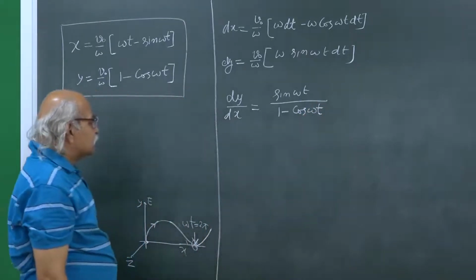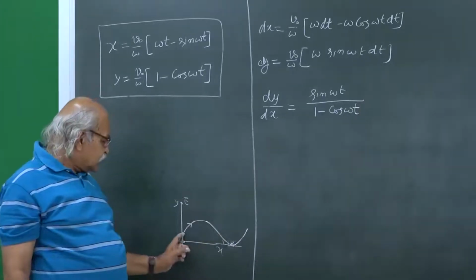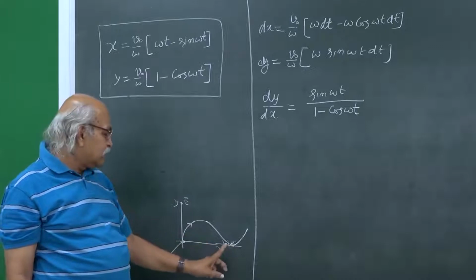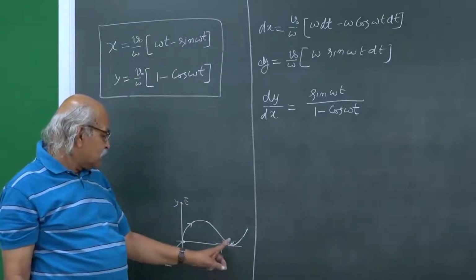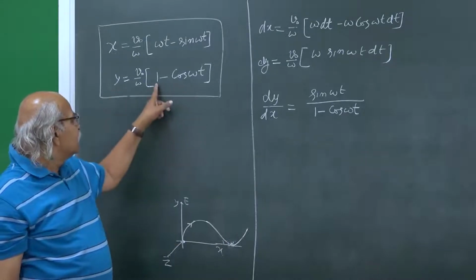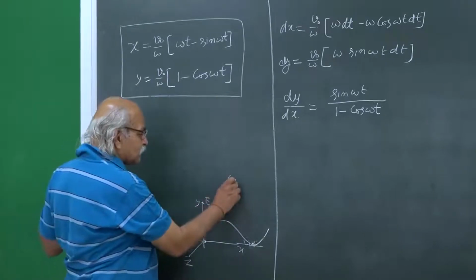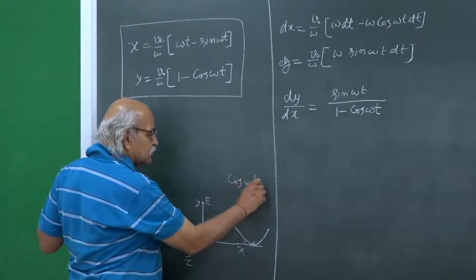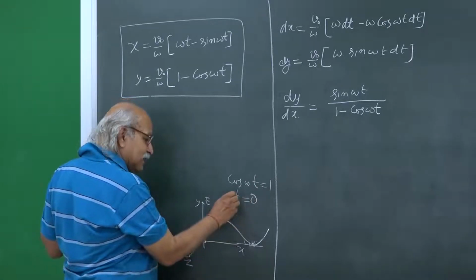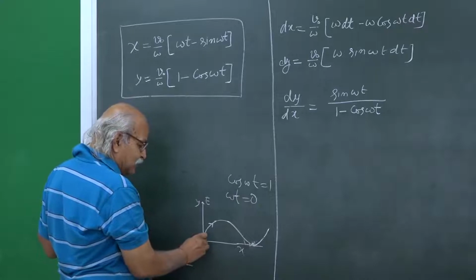Now, we are looking at this point where this curve again comes to x axis. That means here y equal to 0, and y equal to 0 means cos omega t is 1, and that means omega t is equal to 0, but that is t equal to 0, where y is equal to 0.